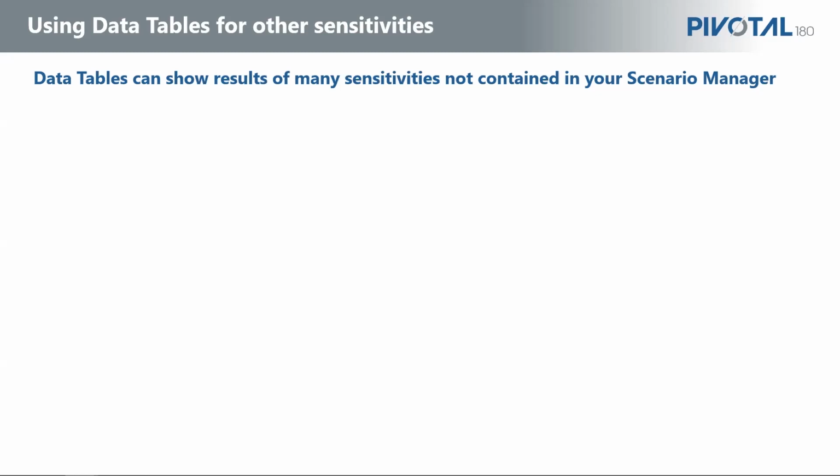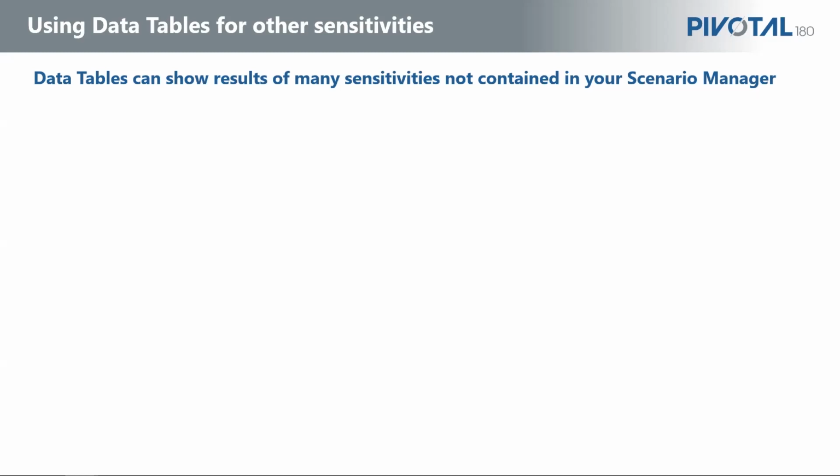This scenario manager was set up to be cycling through cases that were specified as base, upside, downside, and you can build 20, 30, 100 cases, as many as you like. However, data tables are very powerful for showing the range of potential results in things, even when you're not looking at different cases.